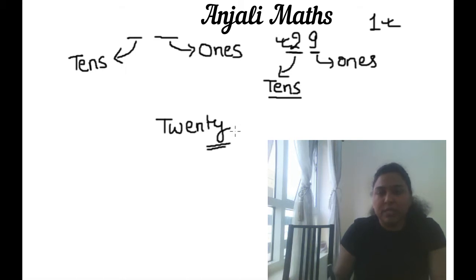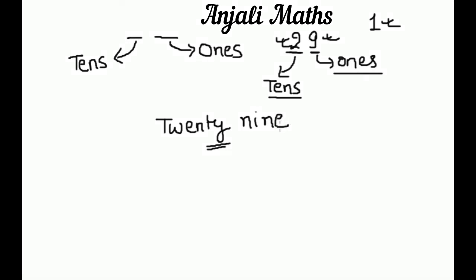So 20, and this is 9. We will write the ones place number as it is, 9. So in this way we will write 29.